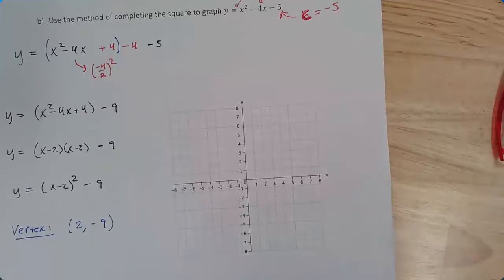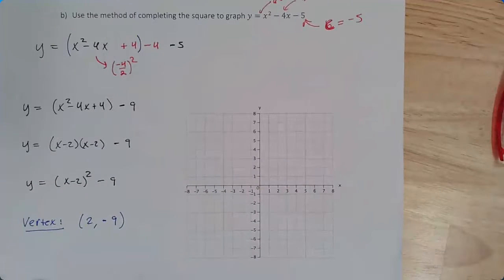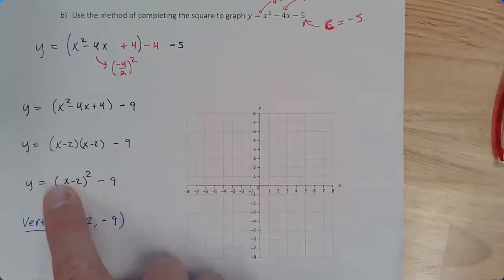So if I'm trying to find the vertex, which should be the lowest point, I want to make the y value as small as possible. Okay, so if I want to make this thing as small as possible, and this thing here, x minus 2 squared, is non-negative, what's the smallest this part can be?